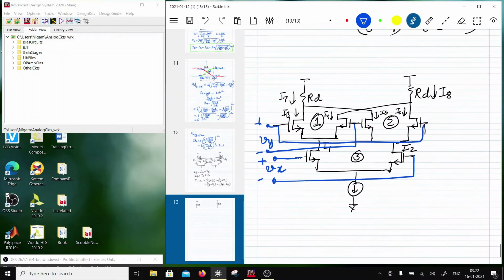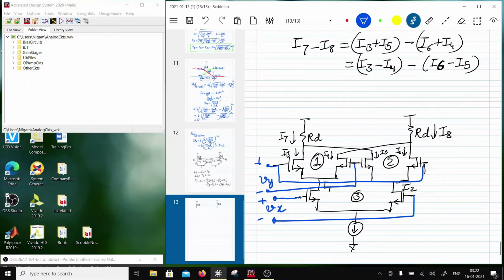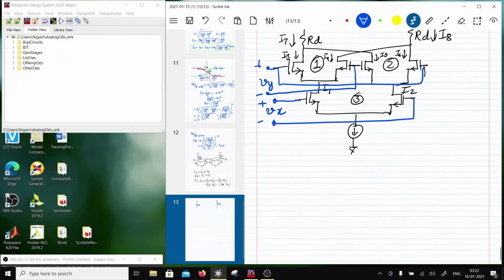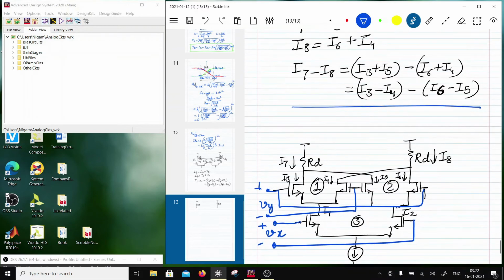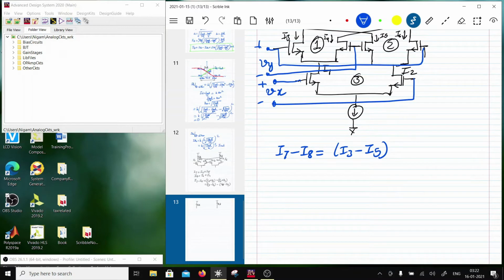Okay, so we were at this equation, right? So we have I7 minus I8 equal to I3 minus I5, right? I3 minus I4, so I3 minus I4 minus of I6 minus I5, correct?